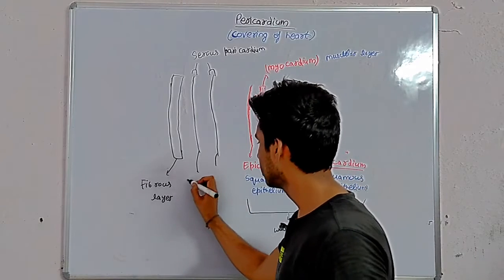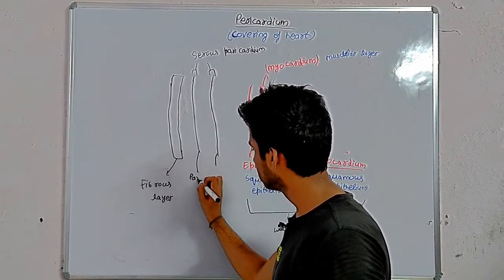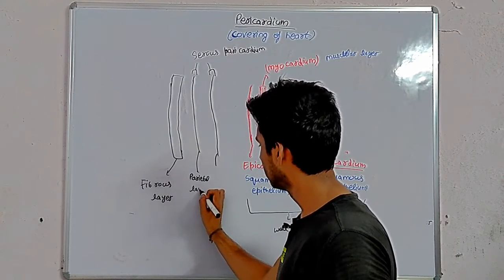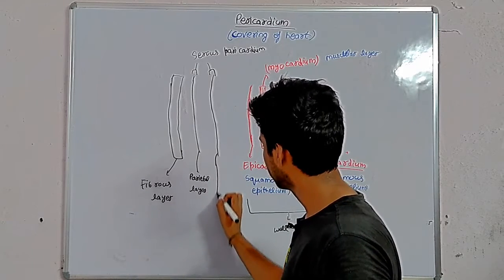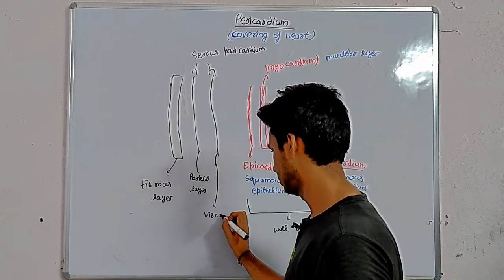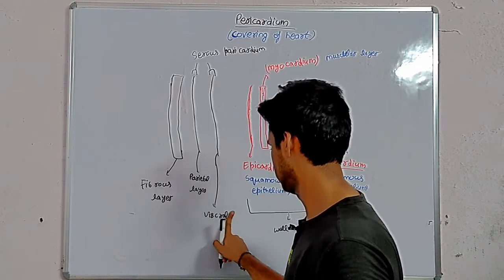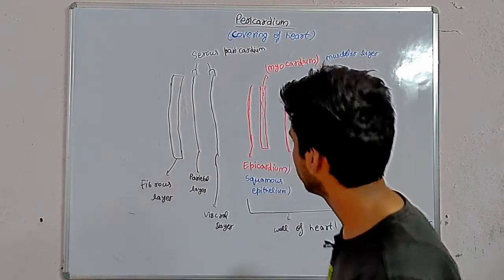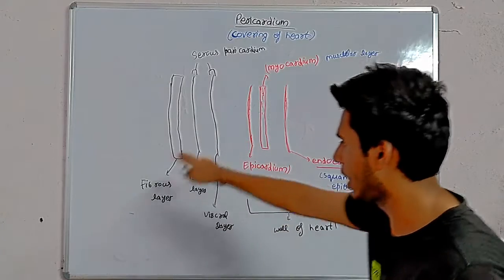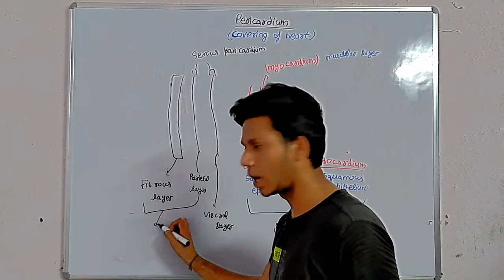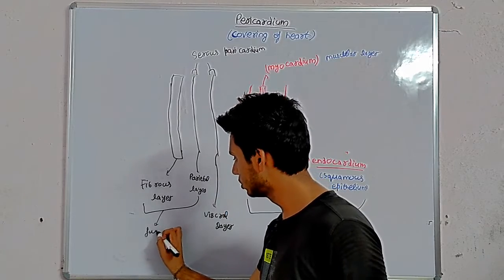The outer is the parietal layer and the inner is the visceral layer. Done. Now remember, the parietal layer and fibrous pericardium are completely fused.